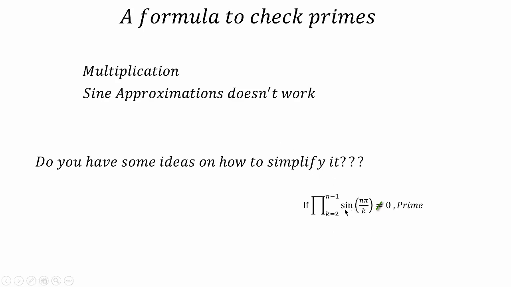And if you expand the sine function using approximations, it also doesn't quite work. So just let this formula work, and if anyhow you are able to simplify this function, then it may have some good implications in mathematics. But till then, it's just a representation of whether a number is divisible by the numbers below it or not.